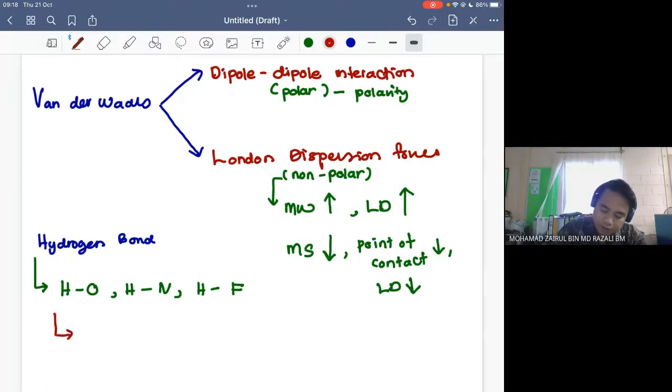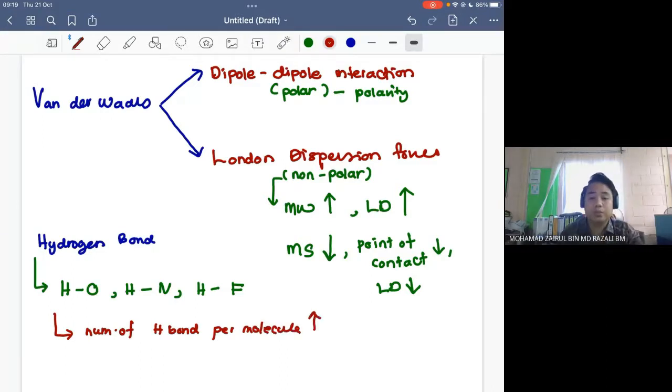The first factor is the number of hydrogen bond per molecule. So the greater the number of hydrogen bond per molecule, the strength of hydrogen bond will become stronger. Okay, another one, the electronegativity. So when the electronegativity increases, the strength of hydrogen bond also increases.